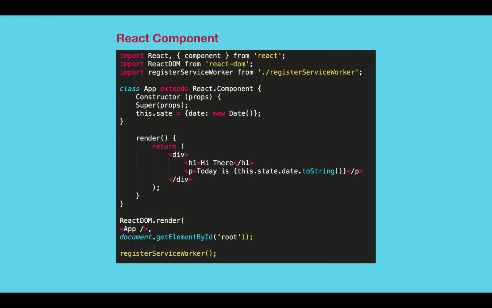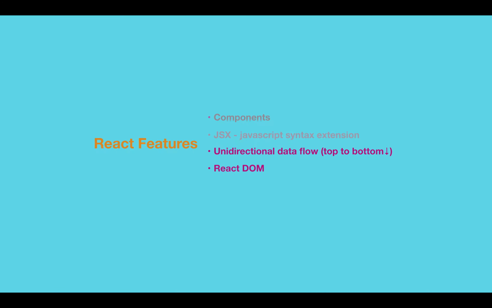Another very fascinating part is that React implements one-way data flow from top to bottom, which makes it easy to reason about. As you can see in the tree, a parent has some children and the children have other children.